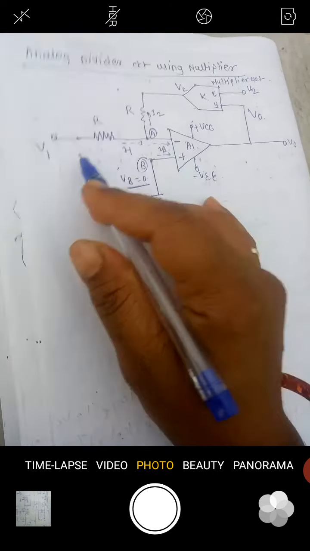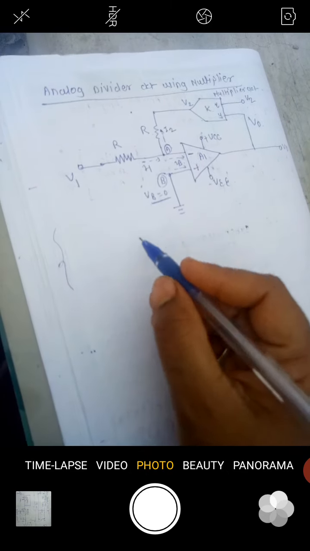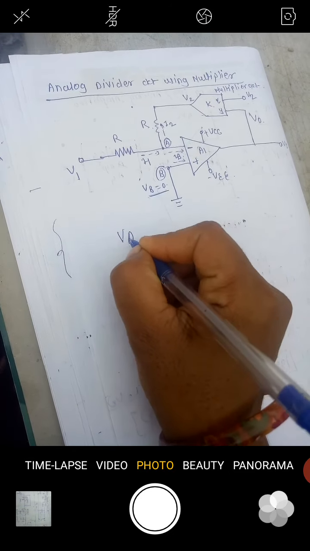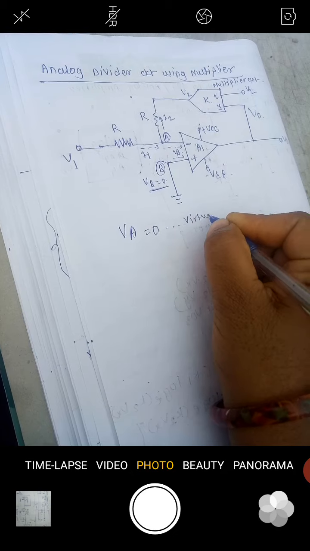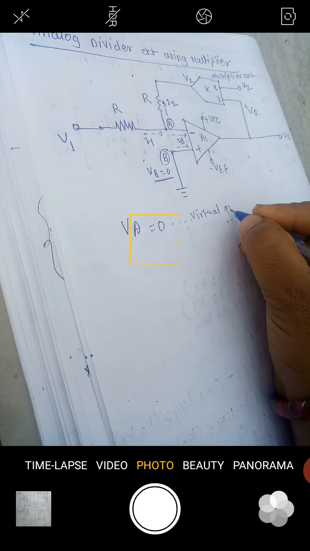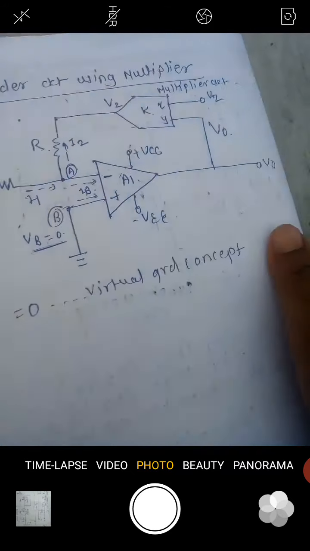Similarly, by using virtual ground concept, the potential at inverting terminal VA is also equal to 0.